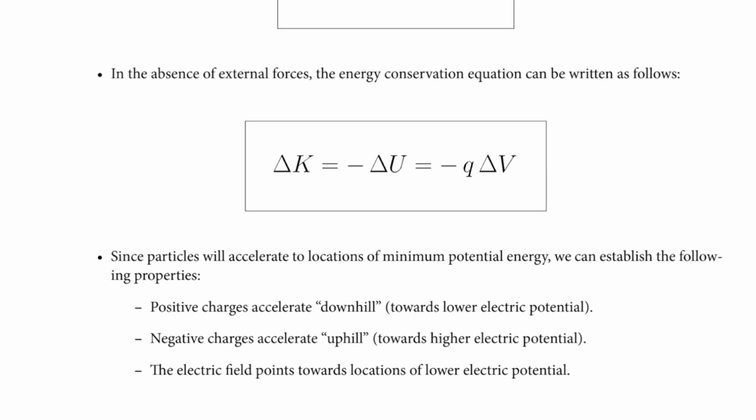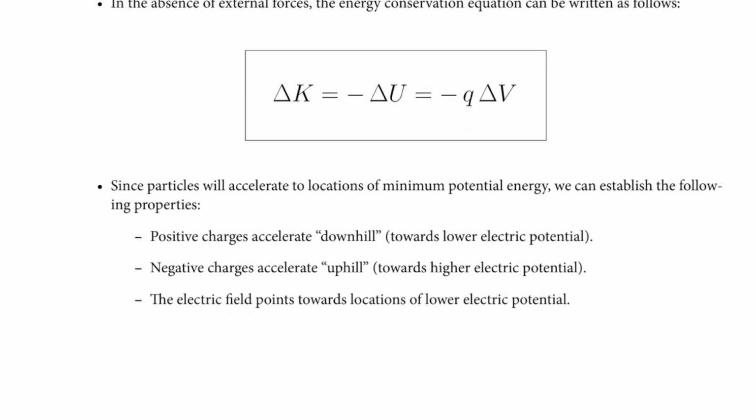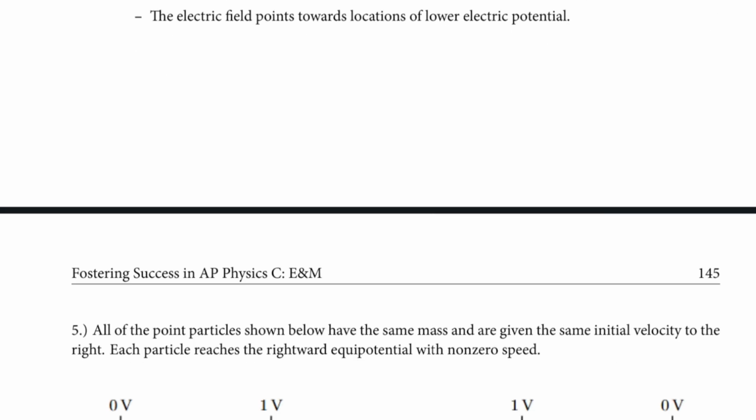So we can see that since we get this opposite change in potential equals negative Q delta V, a positive charge will accelerate towards lower potentials, because if I have a negative delta V, that makes my kinetic change positive. So I gain speed. Negative charges actually accelerate uphill because the Q would also be negative. So you need that double negative there. So this actually tells us that electric fields point downhill, which is one of the main points of our next section.